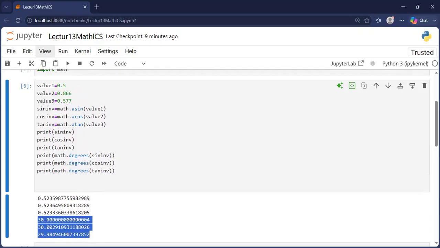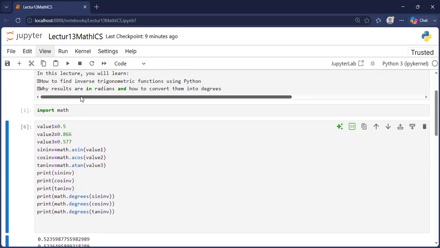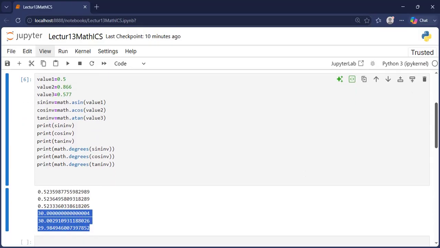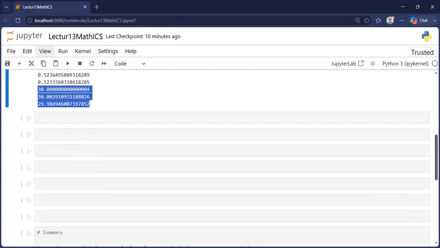All we have to do is import the math library, and to use a function inside this library, we use the dot notation. If I write math.asin, that means I am utilizing the math library, and in the math library, I am using the inverse sine function. This is very clear to you, as we have already discussed in the previous lecture.